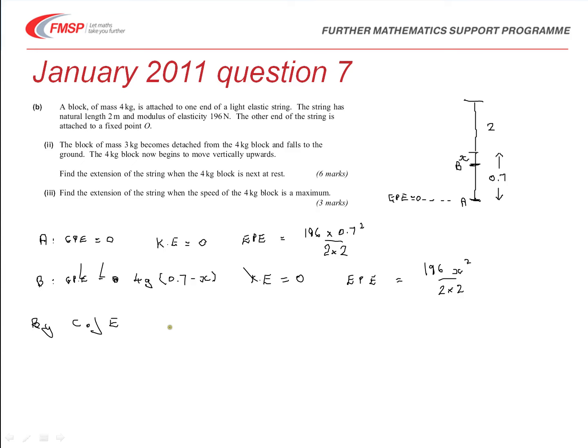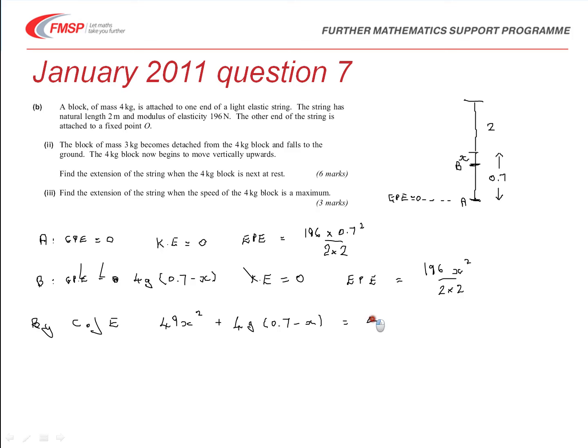Well, we've got 196 over 4, which cancels down to 49 x squared, plus the 4g times 0.7 minus x must equal the energies at A, which again are going to be 49 times the 0.7 squared.